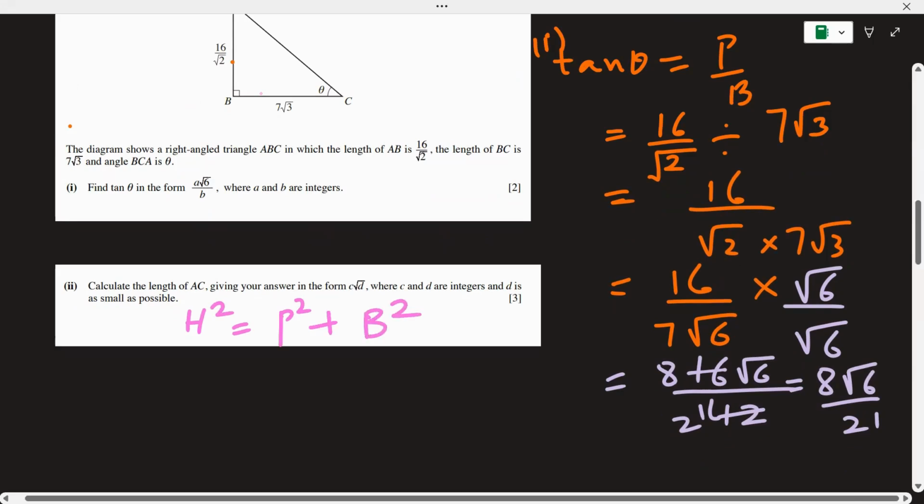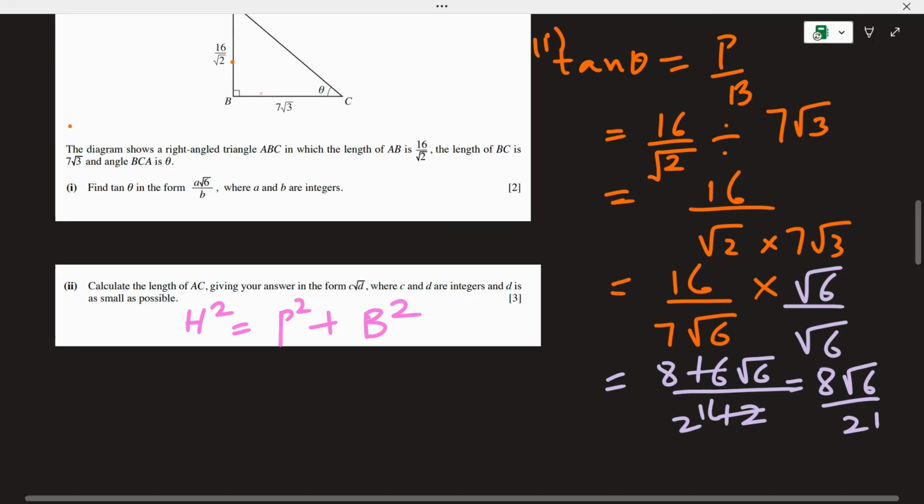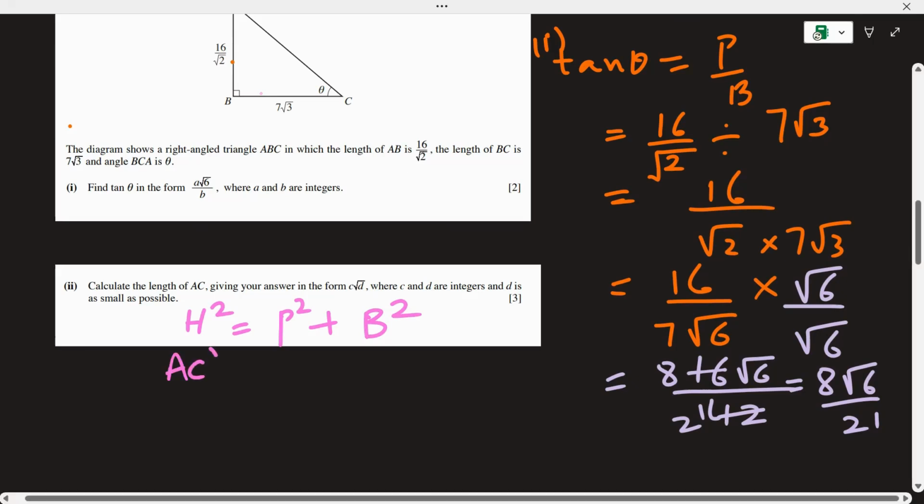Now we place values. Hypotenuse is AC. Perpendicular is 16 by under root 2, squared. Plus base is 7 under root 3, squared.